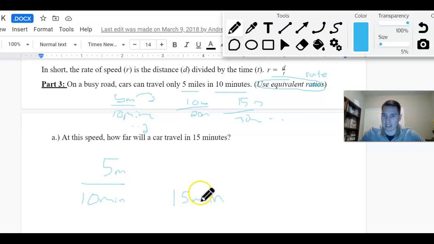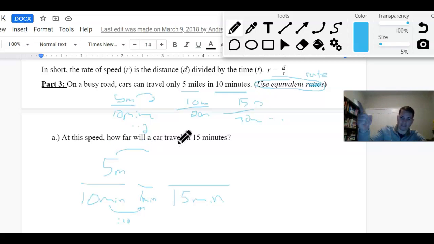Is there an easy way to get from 10 to 15? Not really. Okay, so what we can do is we can divide by 10 to get 1 minute, which is also known as the unit rate.